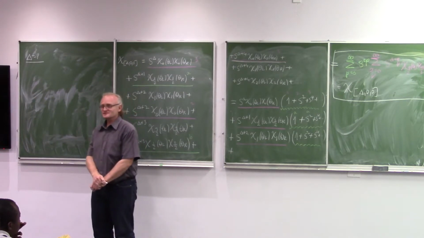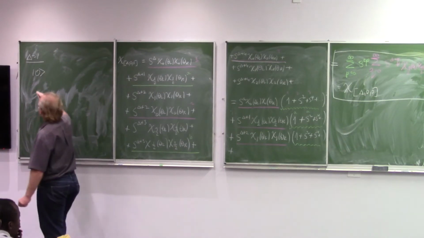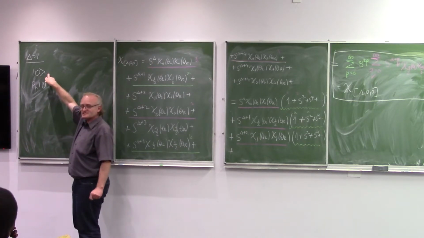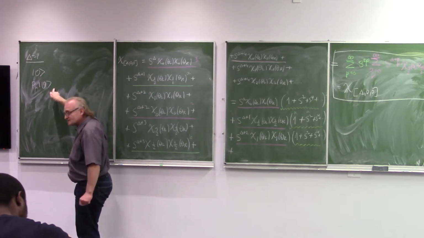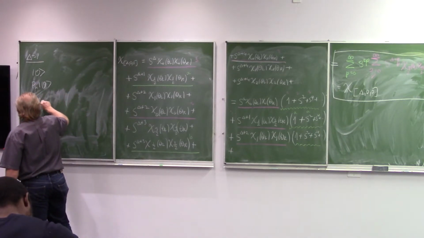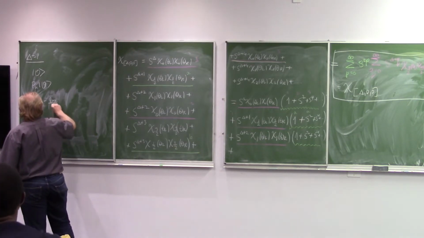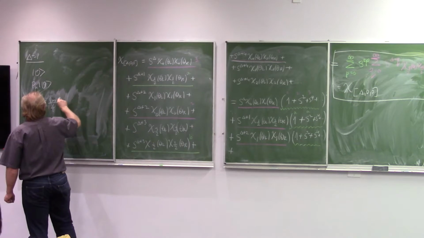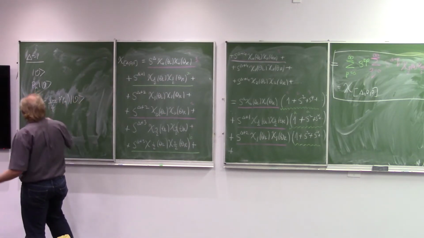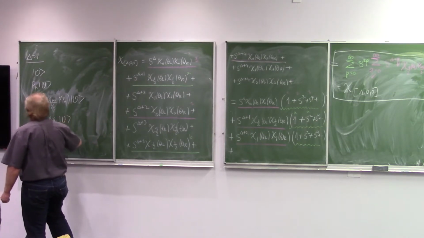Let's take a look. We start off, we had our operator O, then the first descendant was P mu O, so we added a contribution to the character of those states. Then we added P mu minus eta mu nu over D, where before P alpha O, and then we went on.